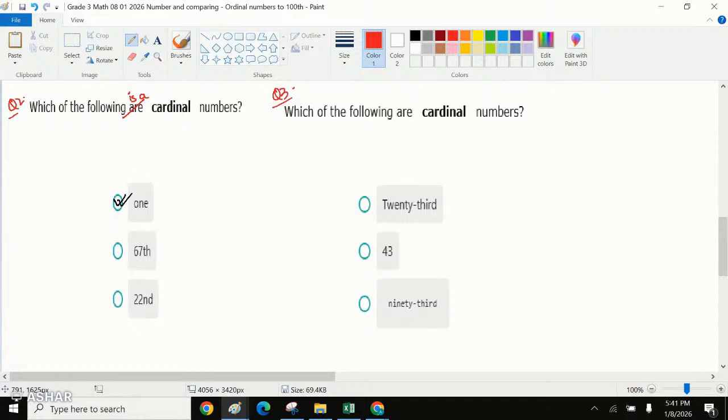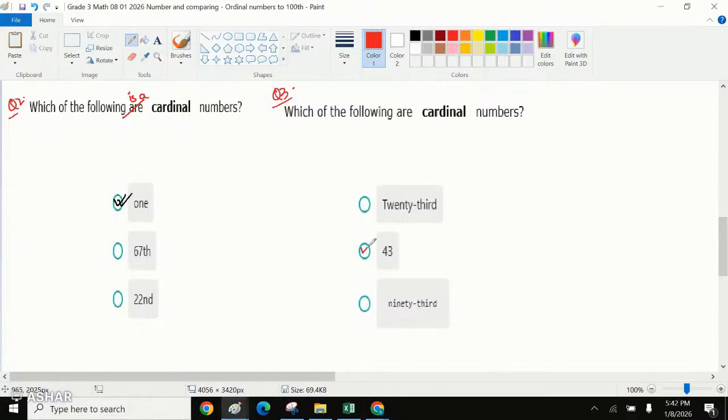It should not end with TH. It should not end with ST, right? So a cardinal number would be a simple number. That is, in this case, option A, B, or C. Yes, thank you. Thank you, May.